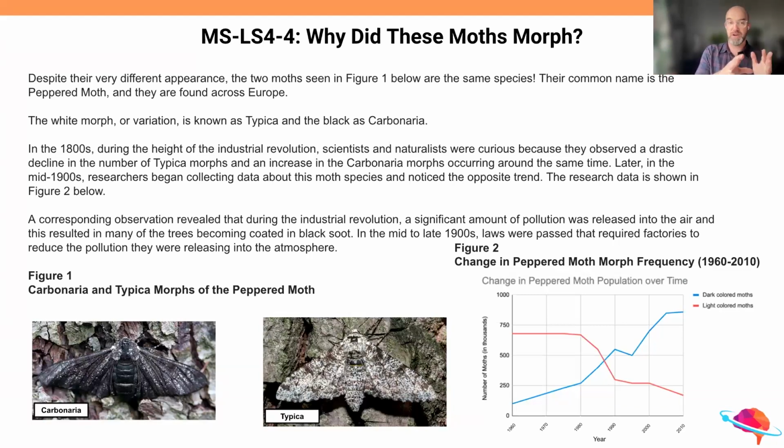The moths that were the darker variation were able to blend in more with the soot-covered trees. And so those populations swapped in how often we would see them. And now that things are cleaning up, we're seeing the opposite switch. Instead of a prevalence of darker moths on soot-covered trees, there are more regulations, things are cleaner, and we're actually seeing prevalence of the lighter colored moths in some places where there are lighter colored trees.